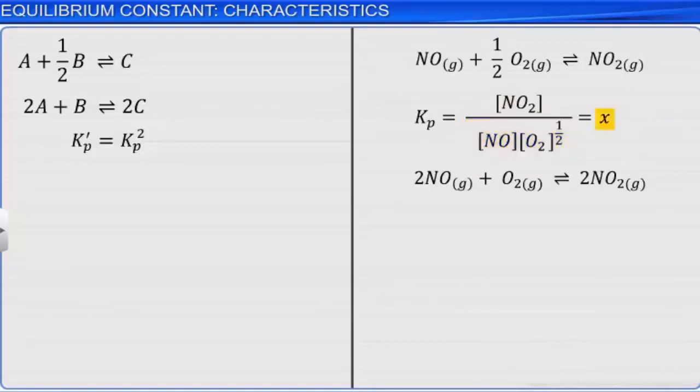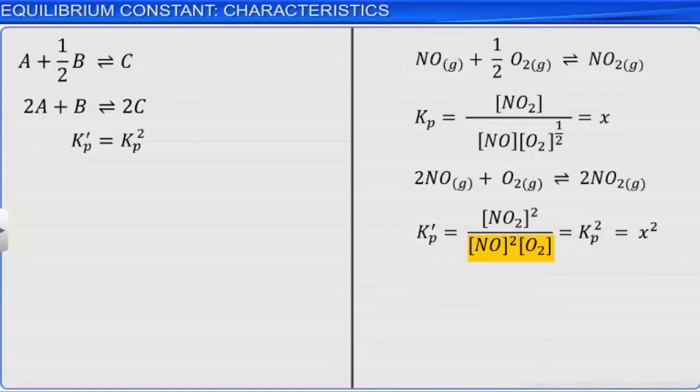The equilibrium constant for the reaction of 2 moles of gaseous nitric oxide and 1 mole of gaseous oxygen combining reversibly to form 2 moles of gaseous nitrogen dioxide may be written as Kp dash is equal to concentration of nitrogen dioxide raised to the power of 2 divided by the product of the concentrations of nitric oxide raised to the power of 2 and concentration of oxygen, which is equal to Kp square, which is equal to x square.